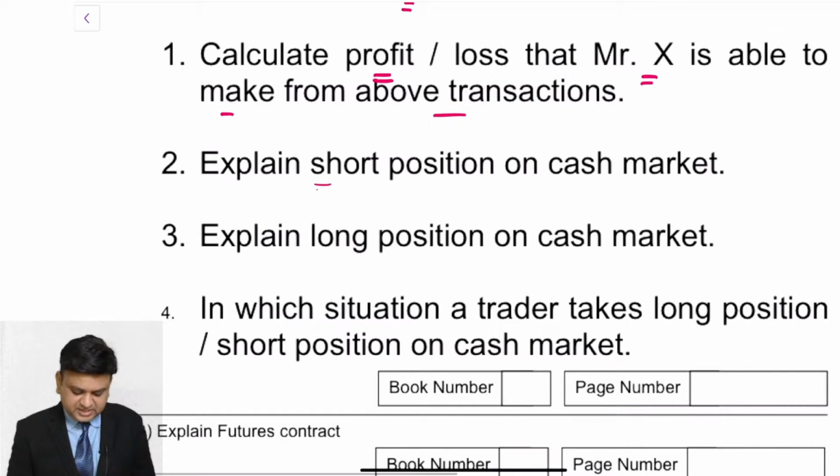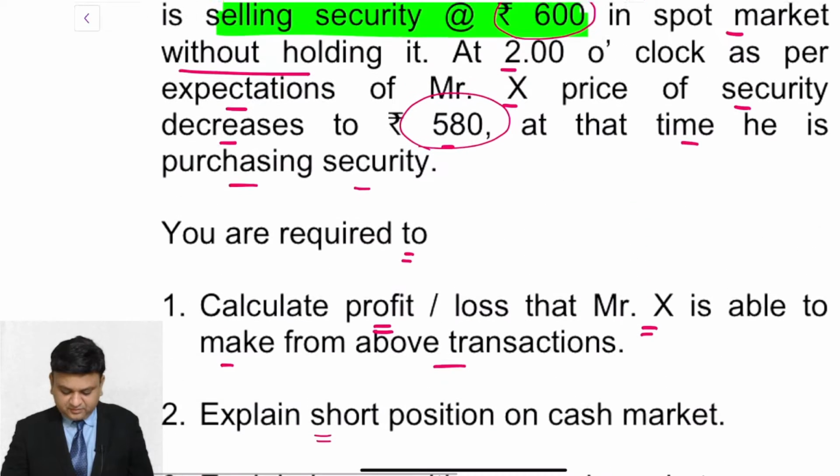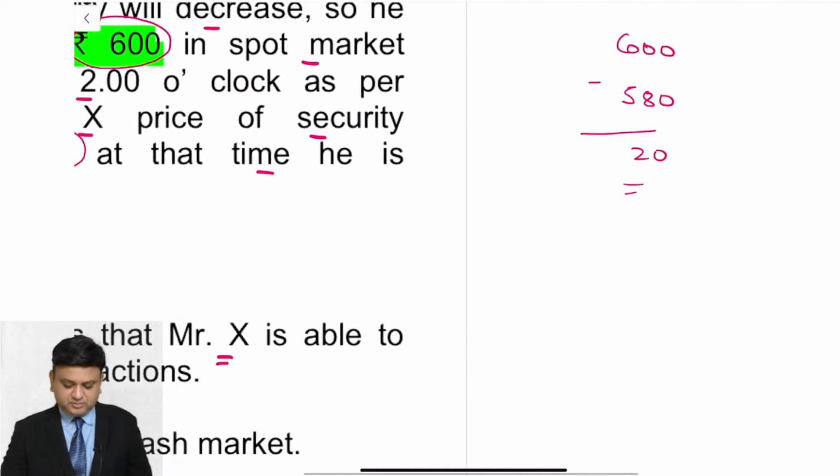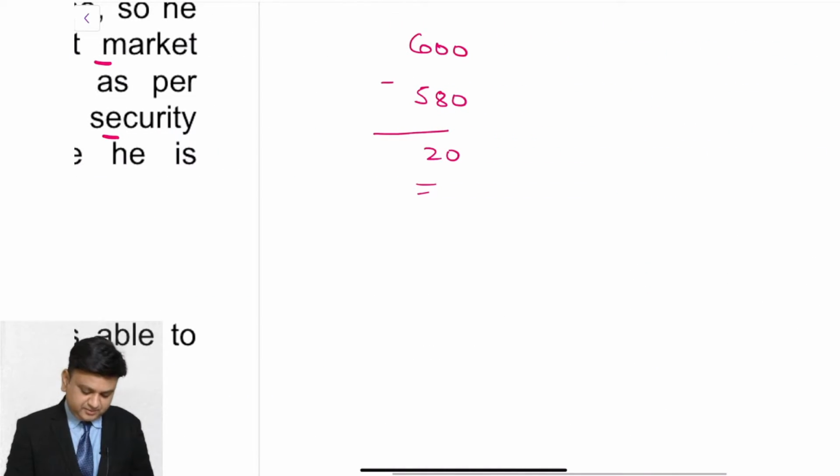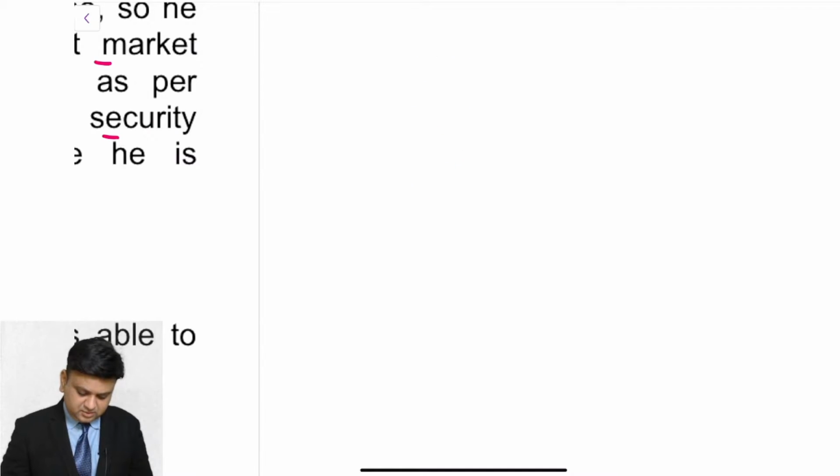The second question is: explain short position on cash market. Now let us understand what the term short position in the cash market means. Friends, over here, as per the information given, at 11 o'clock the transaction is entered into to sell the security.